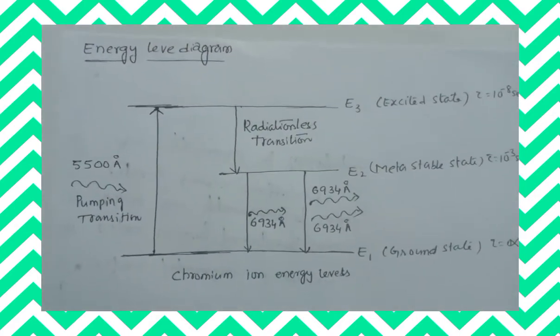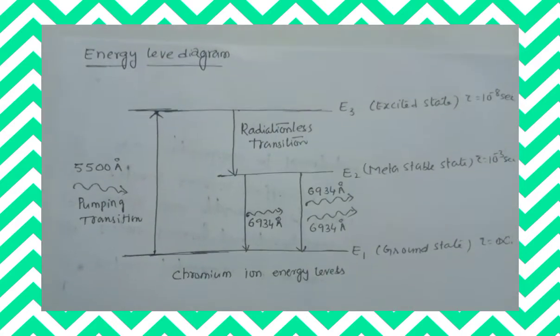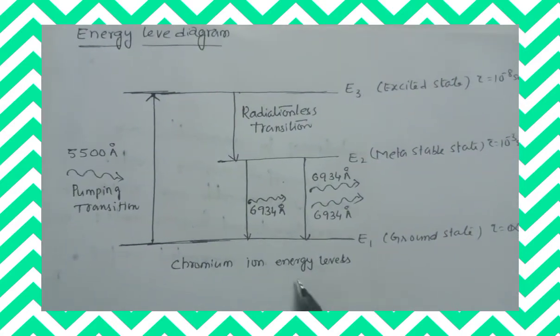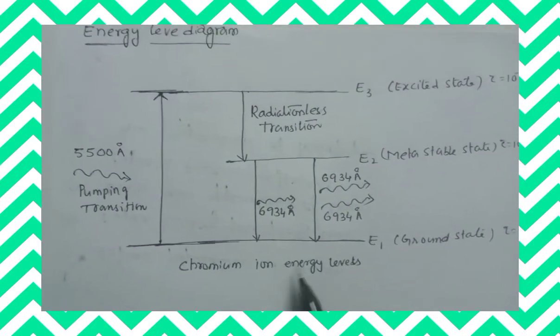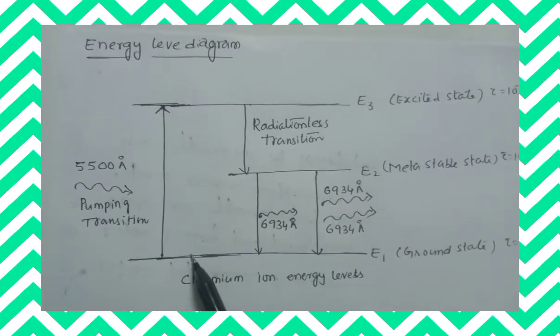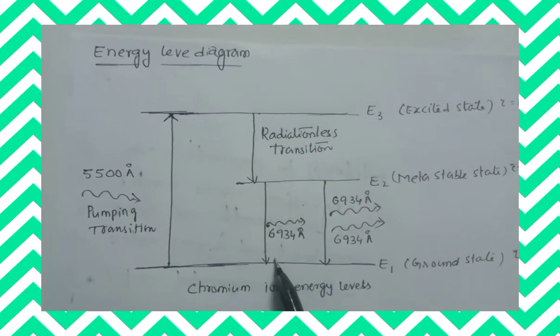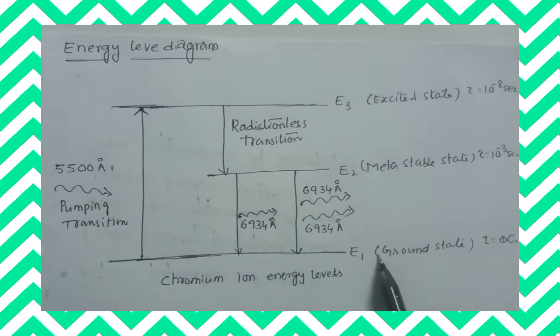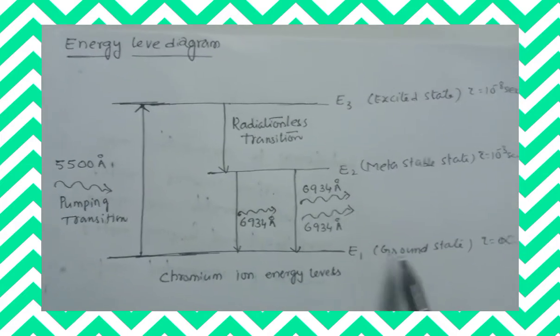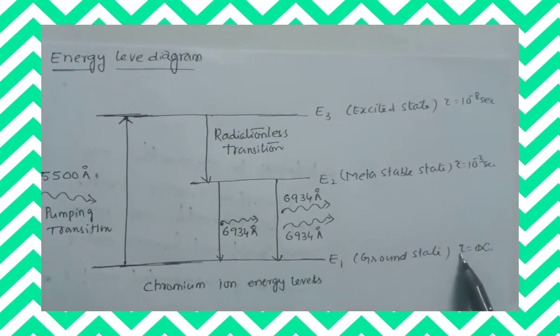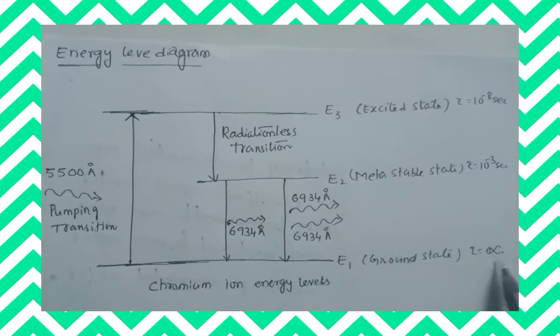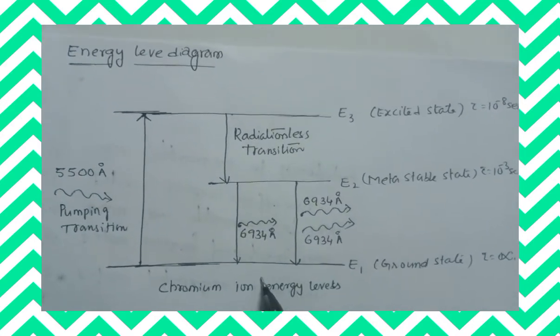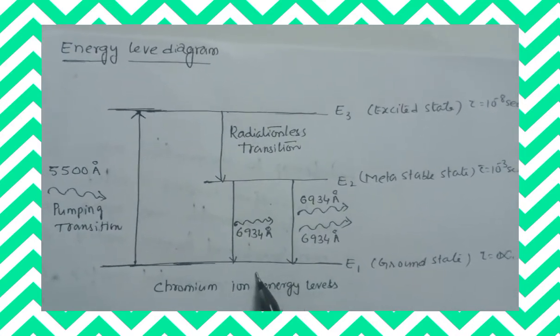This is the energy level diagram of chromium ions. The chromium ions are at the ground state called E1. These ions have a lifetime of infinity, which means they can stay here for a long time.